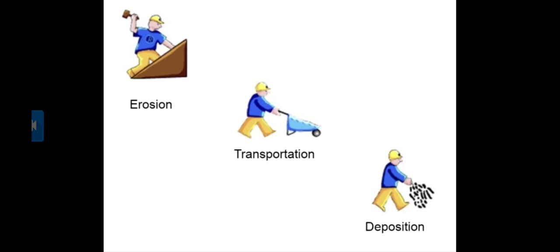Look at the way erosion works, step by step. What are the three processes? Erosion is happening, transportation takes place, and then deposition. Deposition is the settling down of those sediments where they are carried.